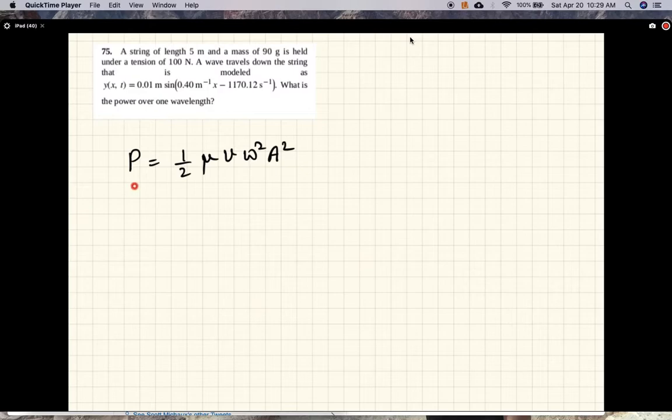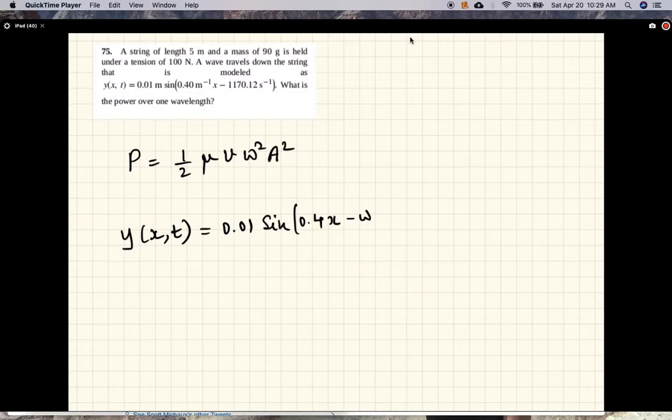Okay, so I've written down the expression for the power ahead of time. Let me rewrite this equation and we'll check a couple of things for consistency. y(x,t) equal to 0.01 sine 0.4x minus omega t. Everything is in SI units, so I won't write units down to avoid clutter.